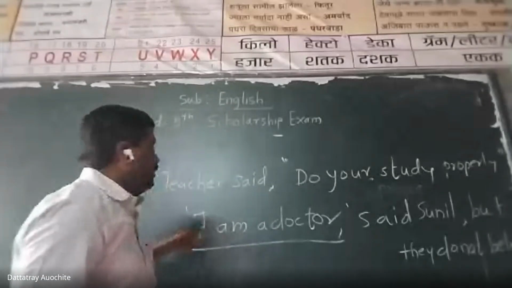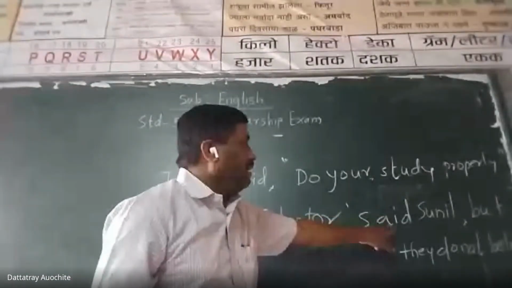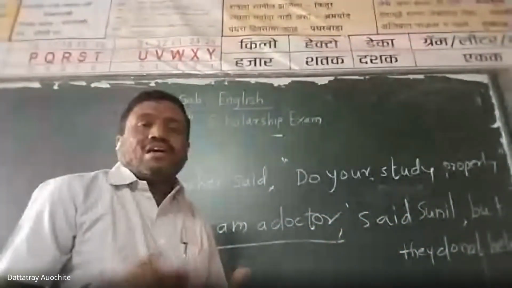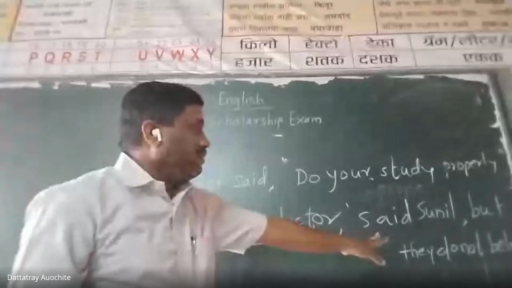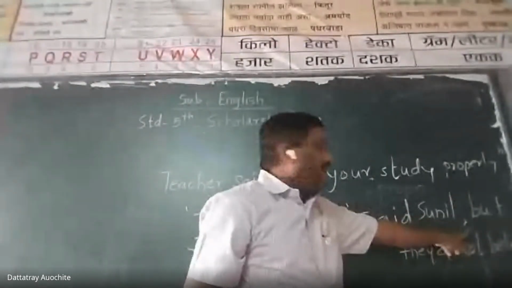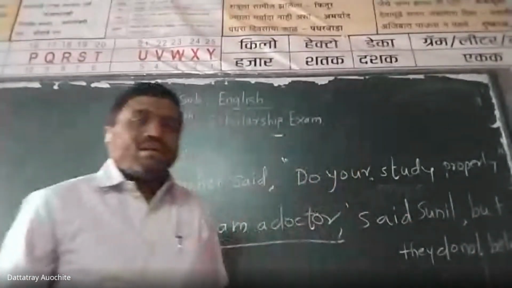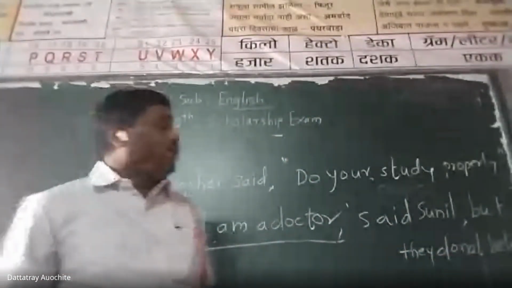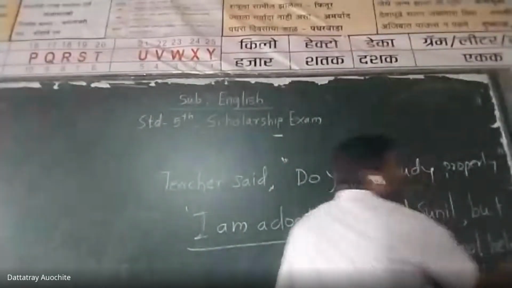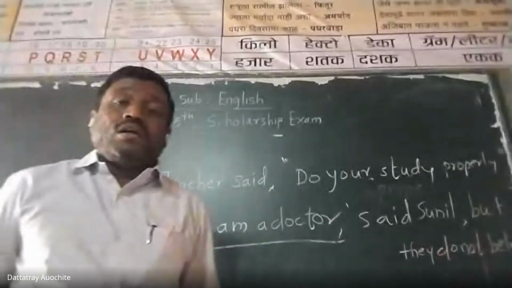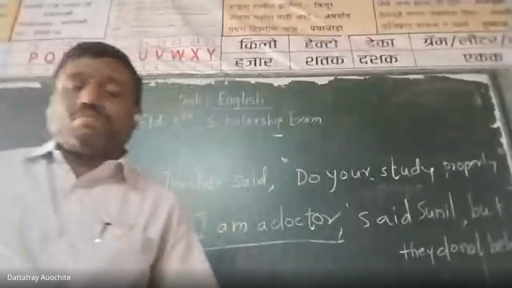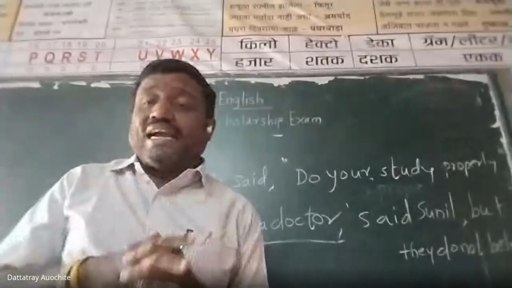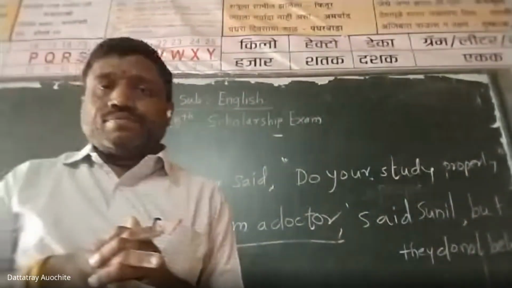I am a doctor, comma, said Sunil, again comma. Why is there a comma again? Because our saying is not complete, so we add a comma there, and after it the sentence starts again: but they do not believe. After believe, our saying is complete, and that's why we show it by adding a full stop. So these are some rules, or guidelines, to use comma. Have you got it?